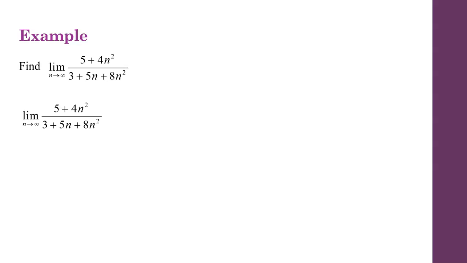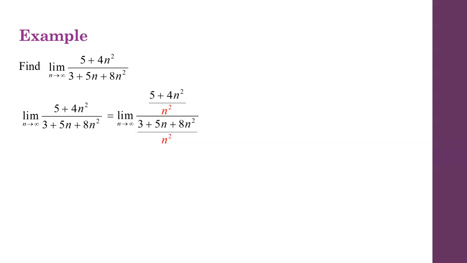It's a standard thing to do when you have a fraction where you have a polynomial on the top and bottom in a sequence. So we'll take the largest power in the denominator and divide by it both on the top and the bottom. And since I'm dividing both the top and the bottom, the value of that fraction stays the same.